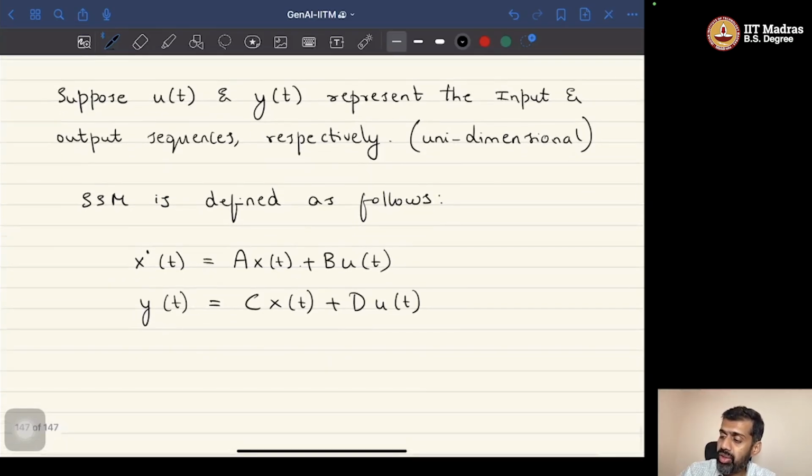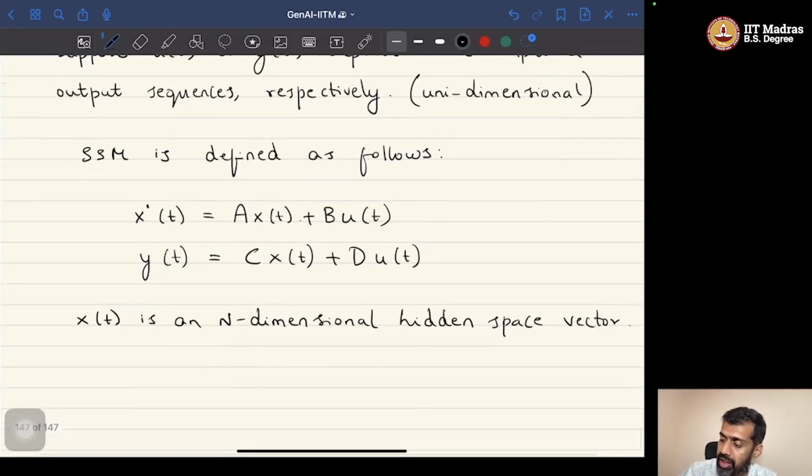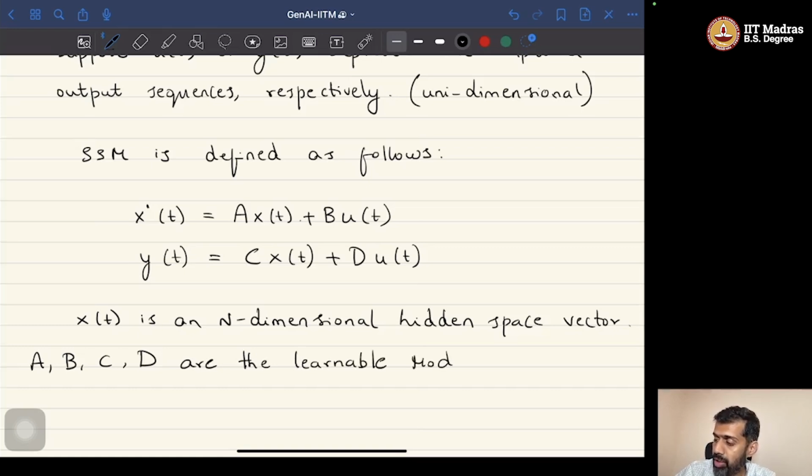Here, x(t) is an n-dimensional hidden state space vector, and A, B, C, D are the learnable system parameters, let's call them the model parameters.